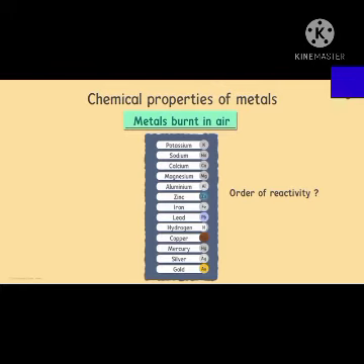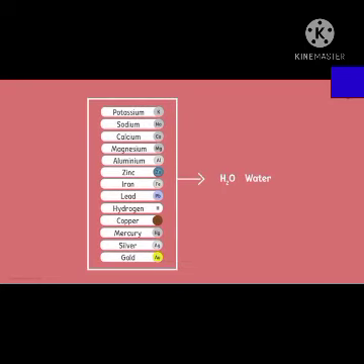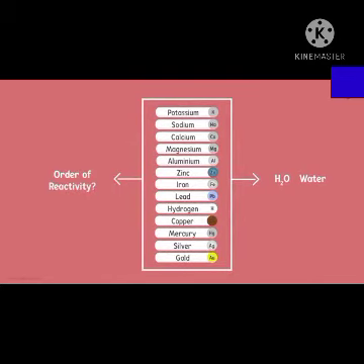We can see a few more reactions to judge the order of reactivity. We will take the same sample of metals to check out how they react with water. Don't forget, our basic aim is to find out the order of reactivity of these metals.